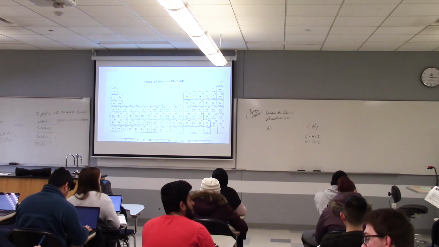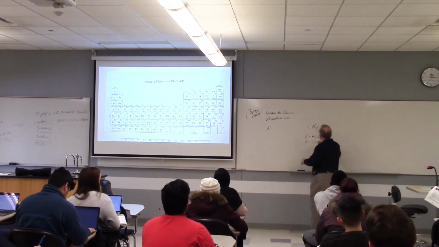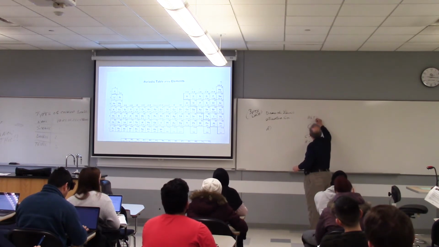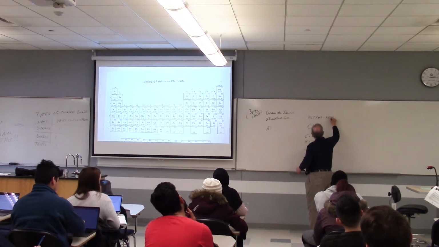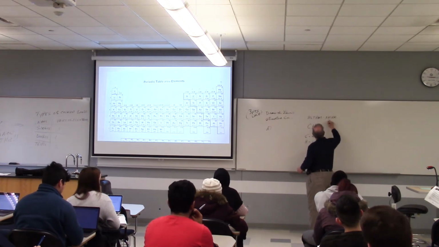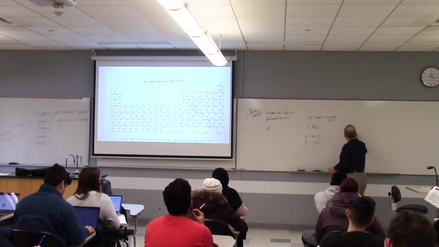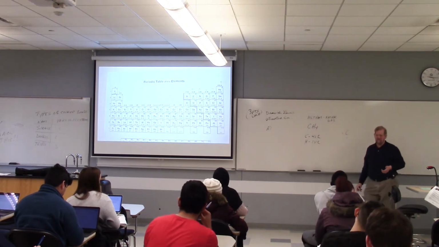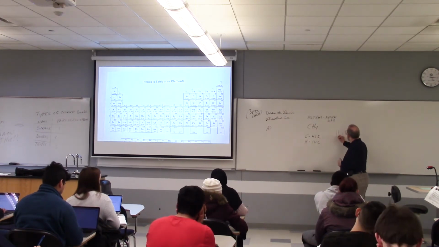All right, let's take a look at this. How do you draw the Lewis structure for methane, which you also know as natural gas? Carbon, 4 valence electrons. That wasn't hard. Each hydrogen has 1 valence electron.